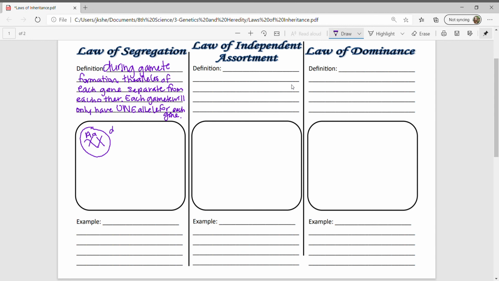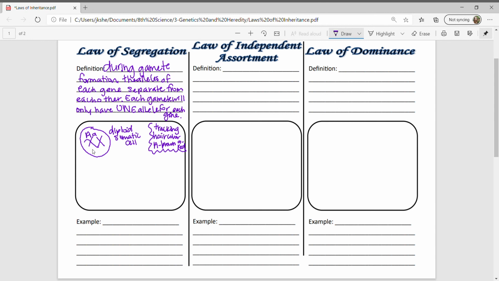And we said that this is a diploid somatic cell. What we're tracking with those alleles is hair color. We could really track anything. We're going to track hair color, in which dominant is brown and recessive is red.